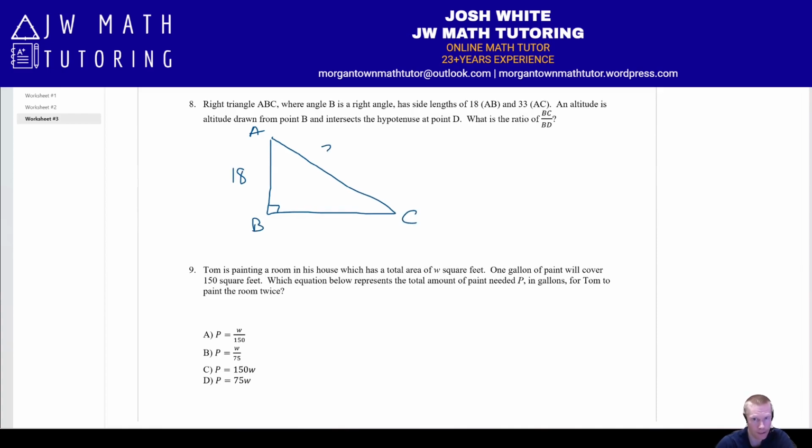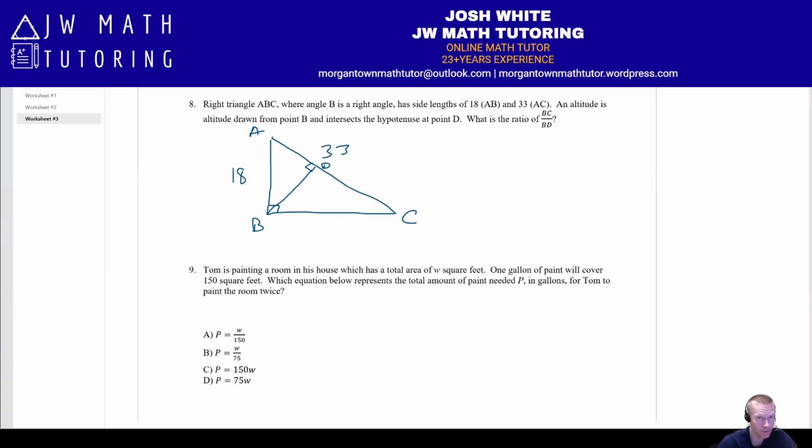One side is 18, one side is given as 33, and you also have the altitude right here, which splits it into 2 smaller triangles, and of course everything is similar to each other. Right here's point D. What's the ratio of BC to BD?